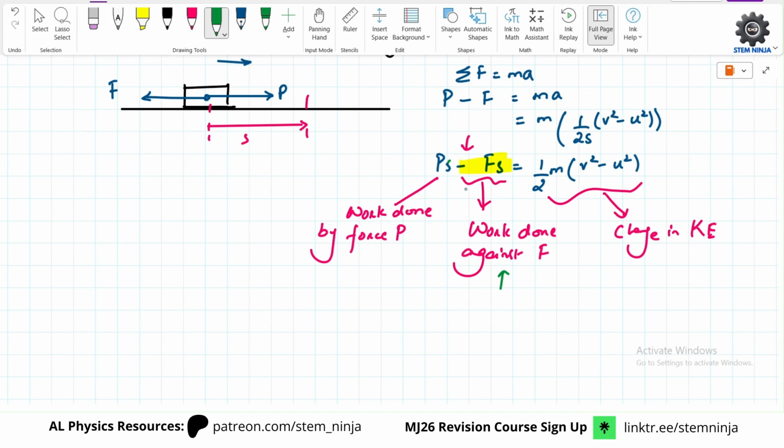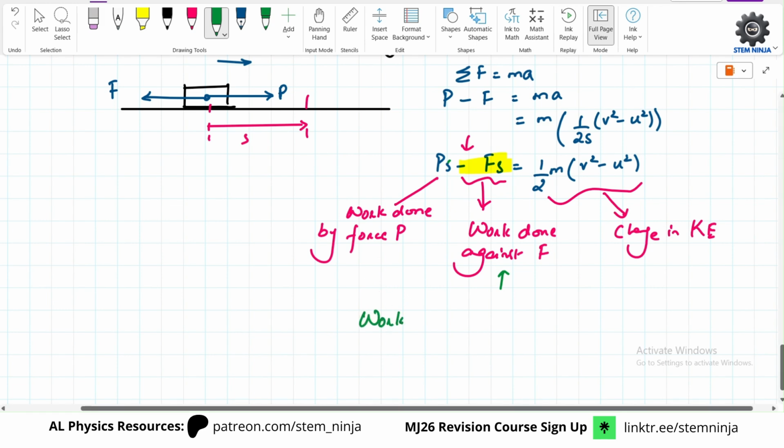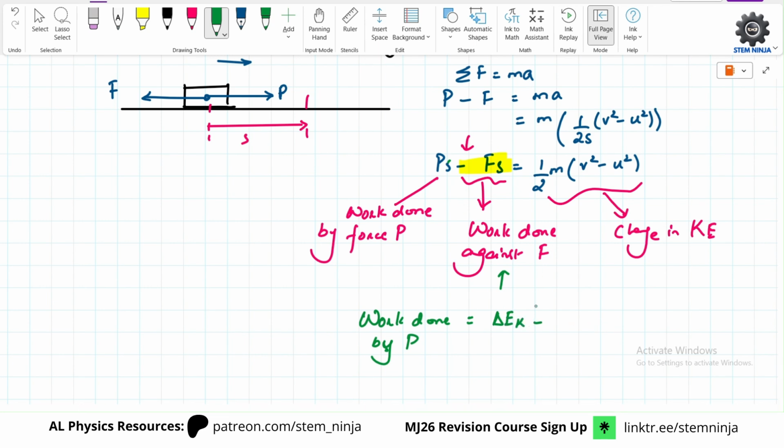So this is what you have to remember. Another way to write this is work done by P is equal to change in kinetic energy plus, because the minus would go plus over here, work done against F.